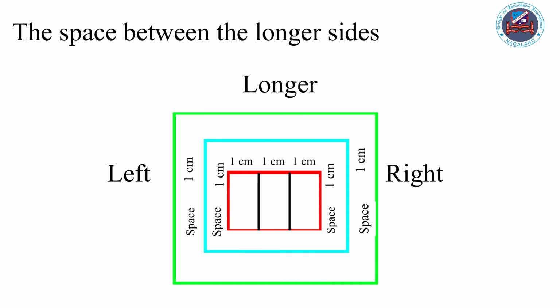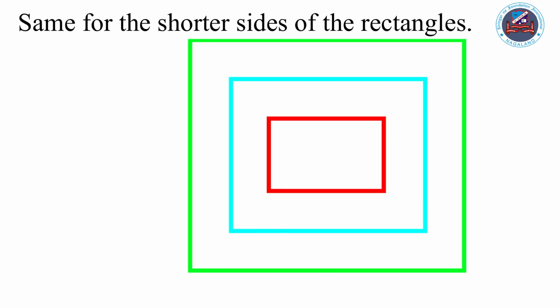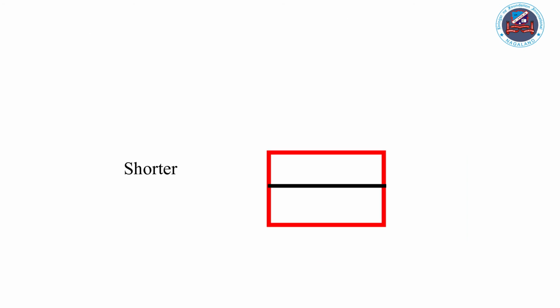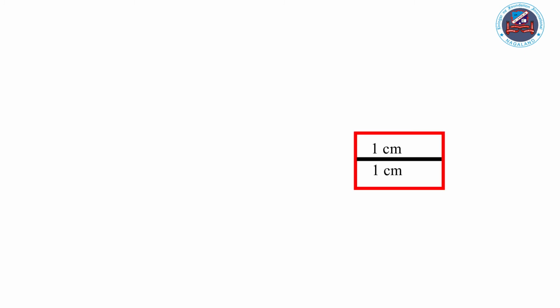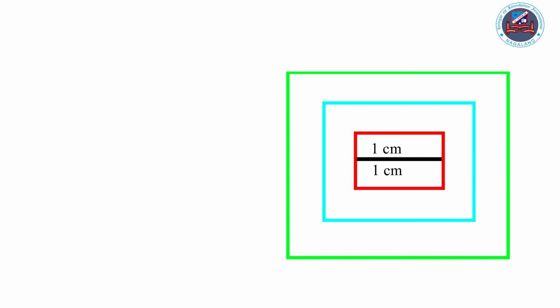So we take each space as 1 centimeter. It goes the same for the shorter sides of the rectangles as well. When we divide the shorter side of the red rectangle into 2 sections, taking each section as 1 centimeter, we find that the space between the red, blue and green on both sides is the same. So we take each space as 1 centimeter.